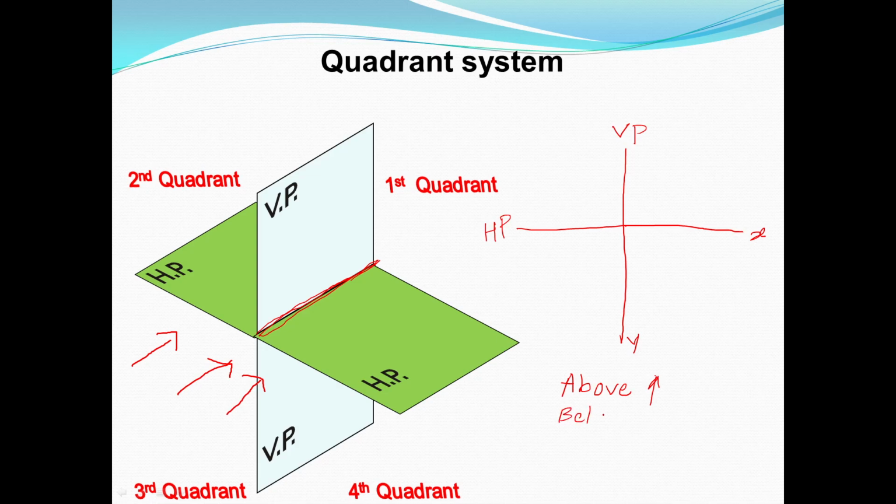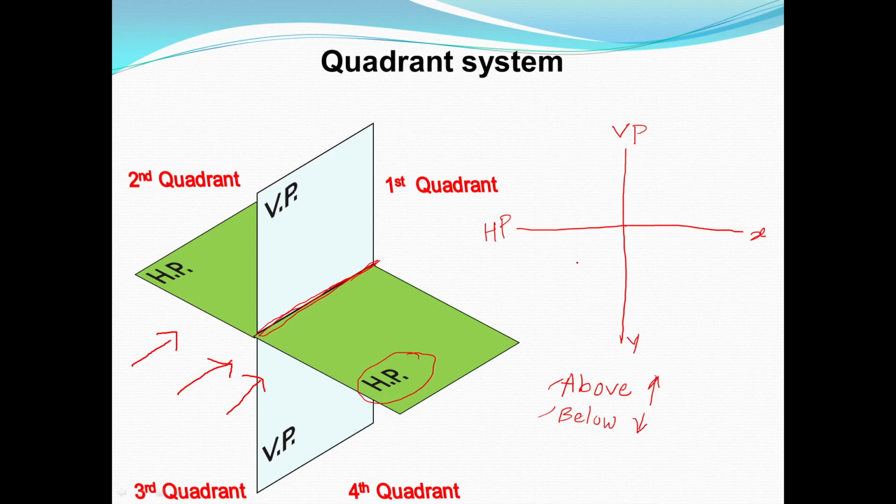Above and below are opposite words. Below means downside from that particular plane. These two words are used with respect to the horizontal plane: above the horizontal plane, below the horizontal plane.